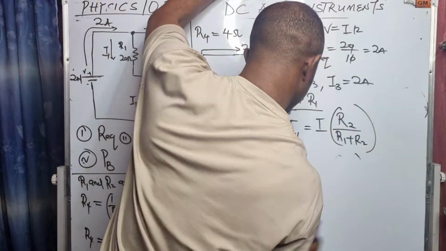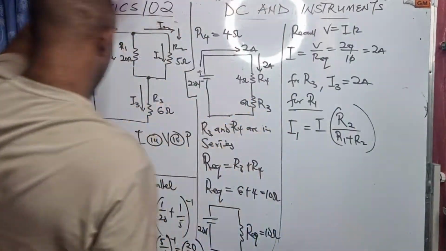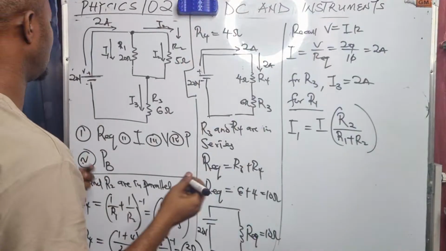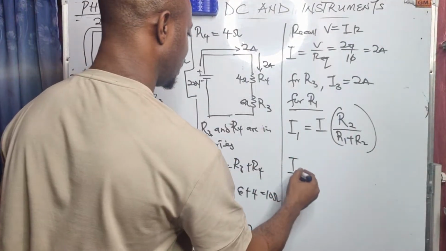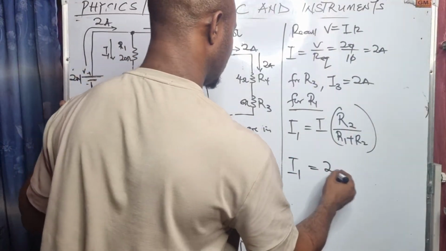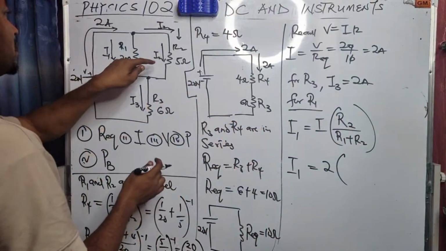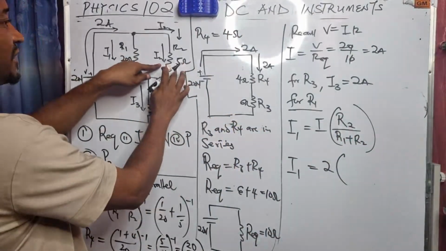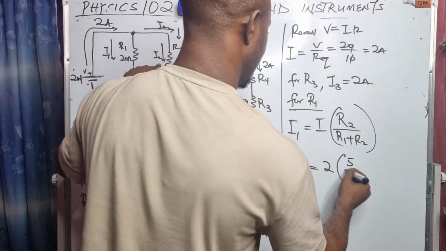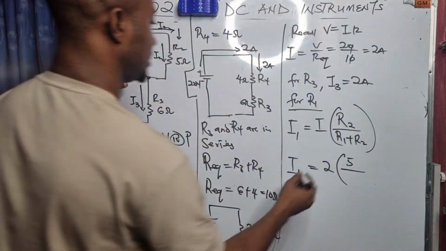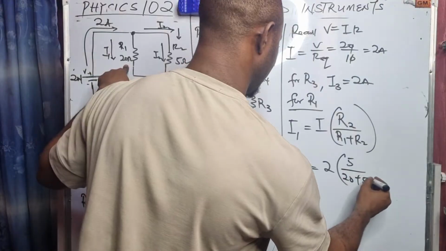Okay, let's solve for this first, then we'll solve for I2. So let's go. For I1, our total current is 2. Our R2 is 5. Don't forget R2 is 5, right? It's 5 divided by R1, which is 20, plus 5.